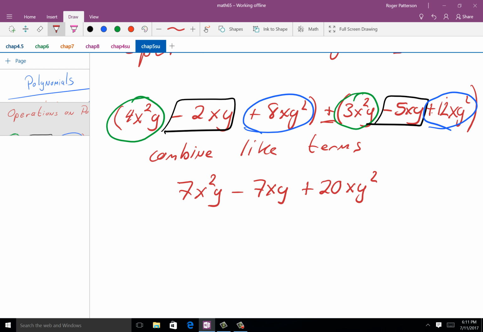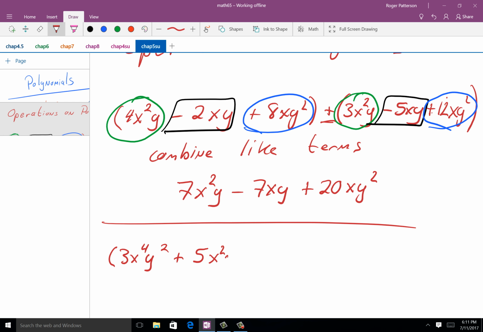So let's try one that's a minus here. And we'll put a minus in there.